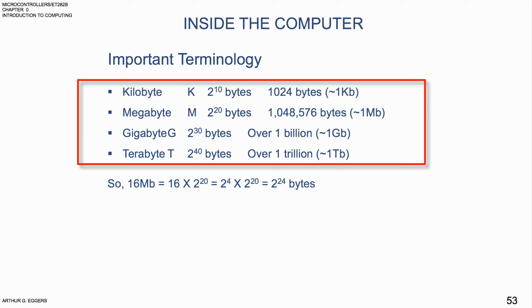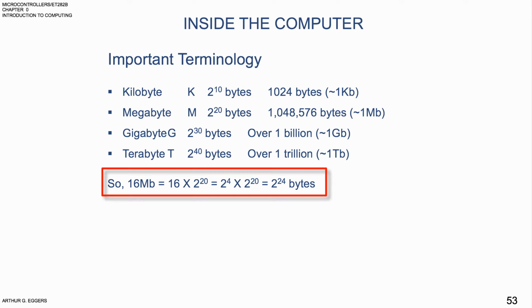1,048,576 bytes. Moving up the scale in size to a gigabyte, or 2 to the 30th bytes, or over a billion, and a terabyte, which is 2 to the 40th bytes, or over 1 trillion. As an example of how these terms are used, suppose that a given computer has 16 megabytes of memory.